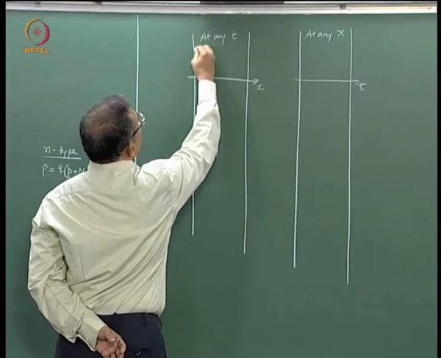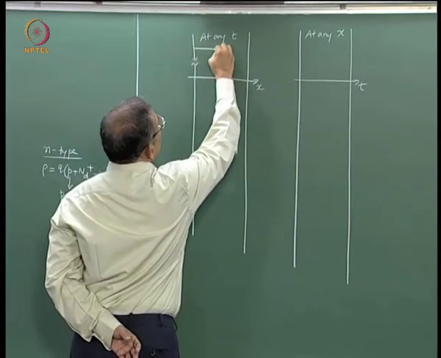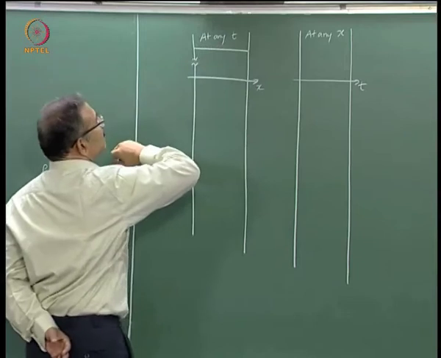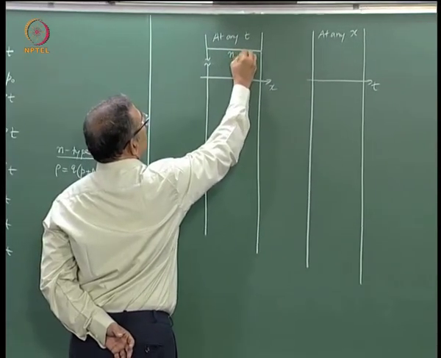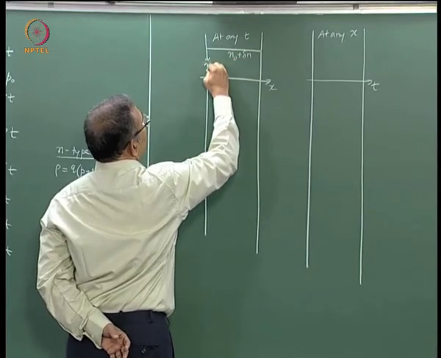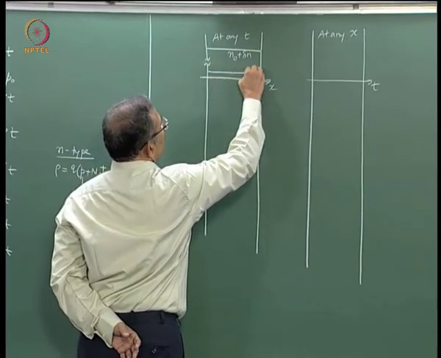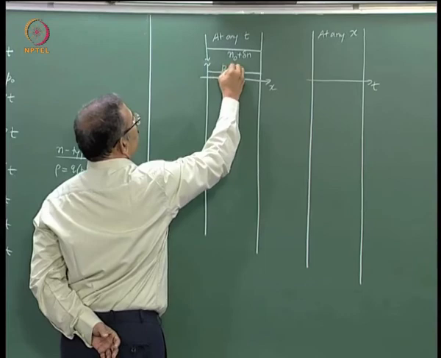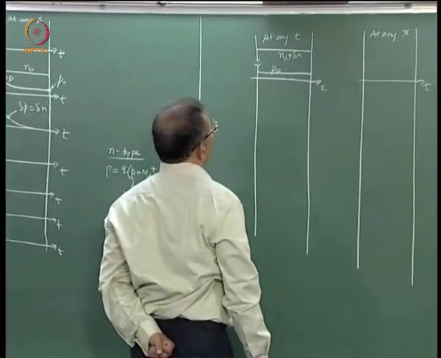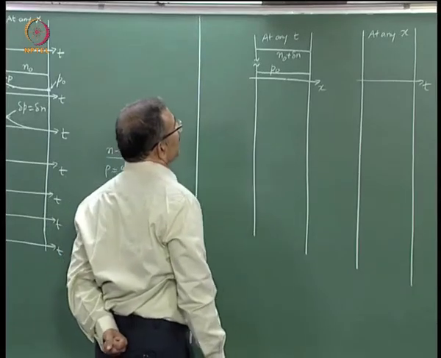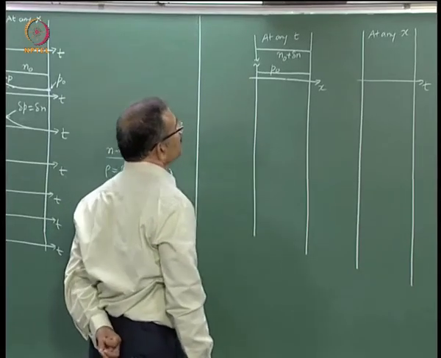At any t your electron concentration would be something like this, n naught plus delta n. But since we have not injected any holes, the hole concentration would be just p naught. So, this is n and p as a function of x.